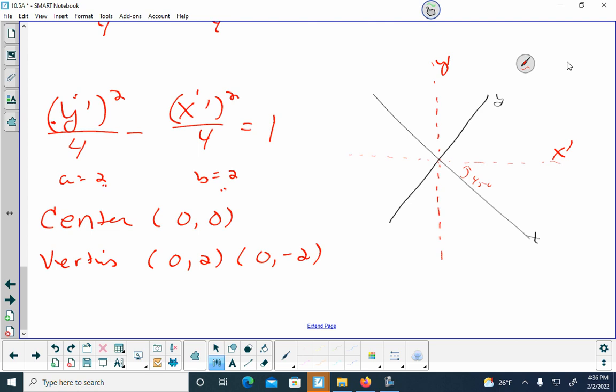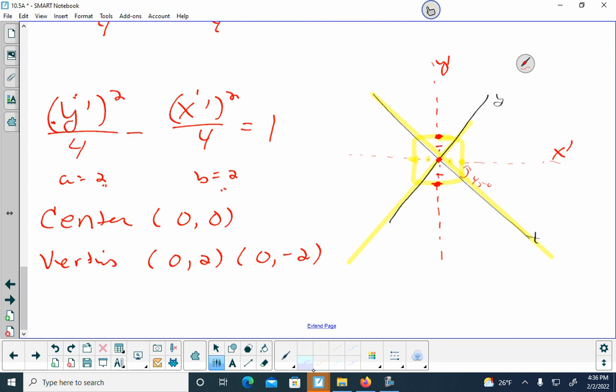So I know my center 0, 0, so that's going to be here. I know my vertices are up 2, down 2. So here are my vertices. Then I'm going to draw my box. To draw my box, I'm going to do that in highlighter. I'm going to go 2 to the left, 2 to the right, and then when I make my box, then I do my asymptotes, and if I drew it correctly, because it's a 45-degree angle, those asymptotes are going to be my original x, y axes.